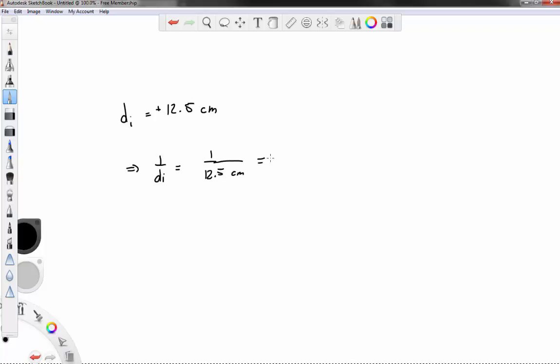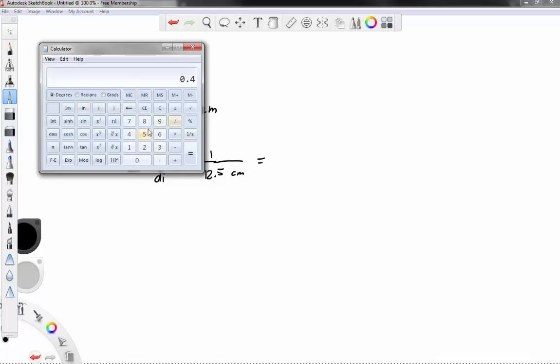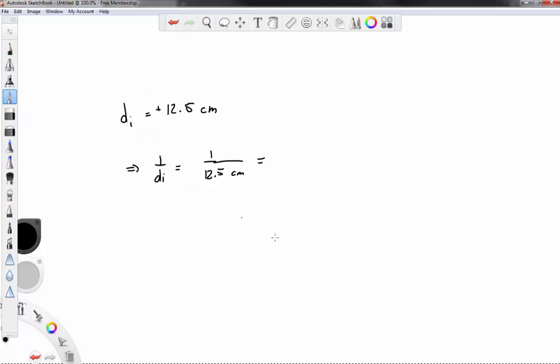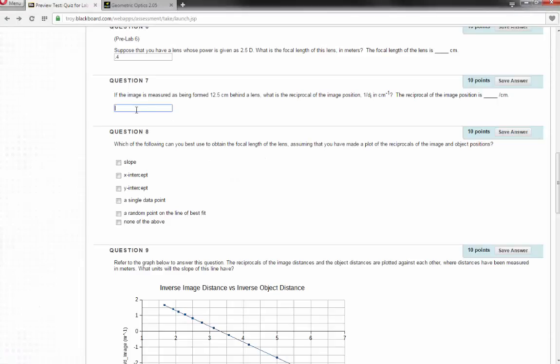If we open up our calculator, 1 divided by 12.5 gives 0.08. So 1 over di is 0.08 per centimeter, or inverse centimeters. So we open up this box and put in 0.08.